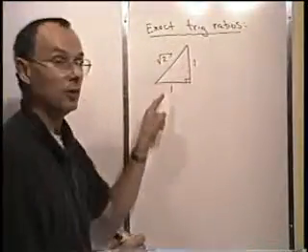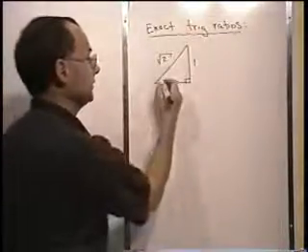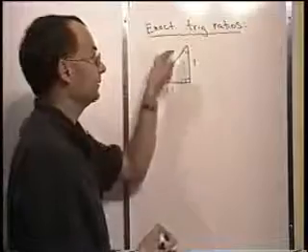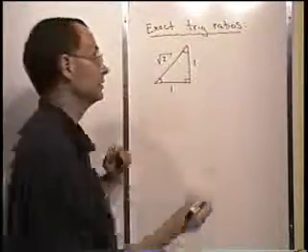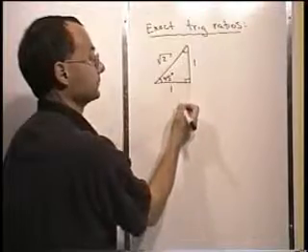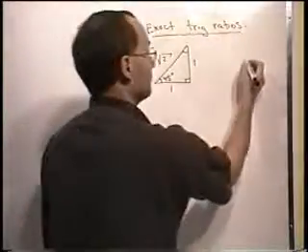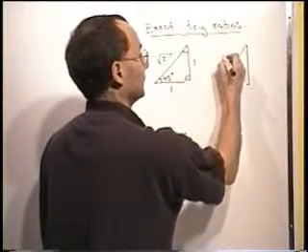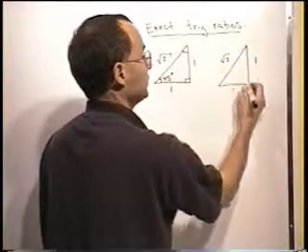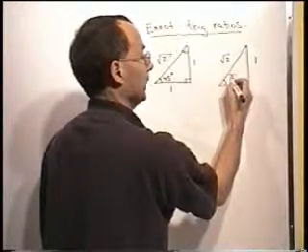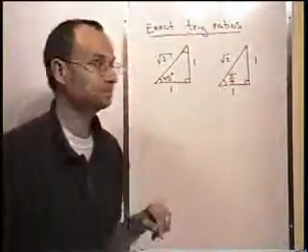Now this is an isosceles triangle, which means that this angle here and this angle here are equal. And since they're equal and have to add up to 90 degrees, each angle is 45 degrees. And the radian version of this, everything looks pretty much the same, except that 45 degrees is pi over 4.